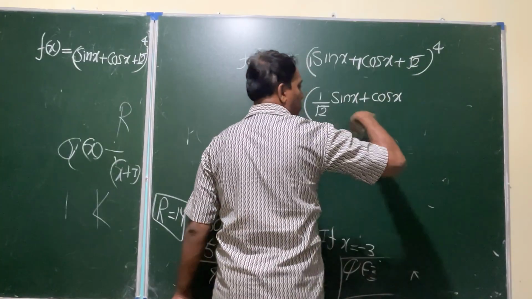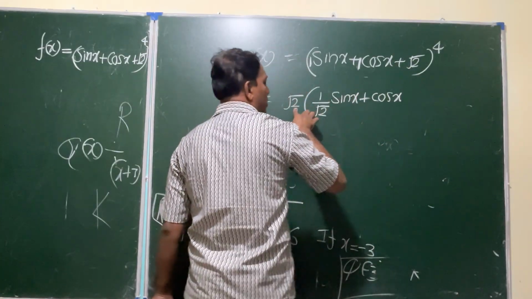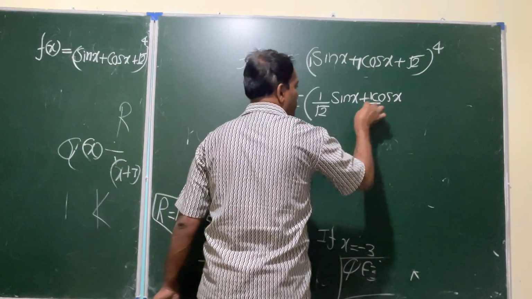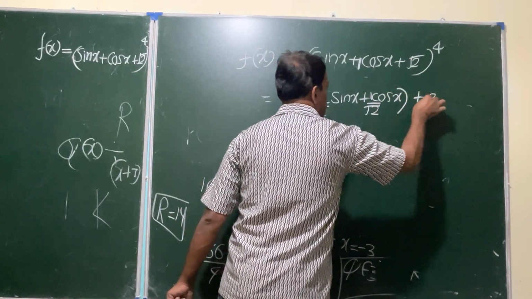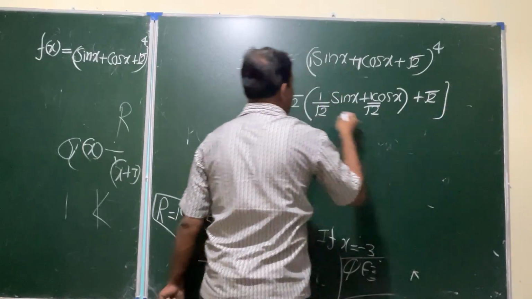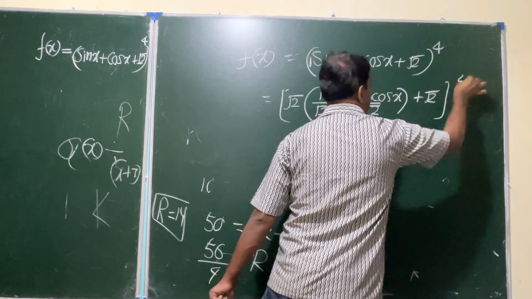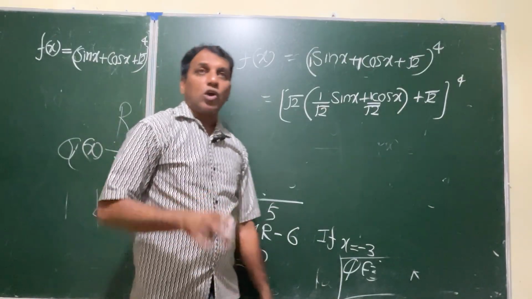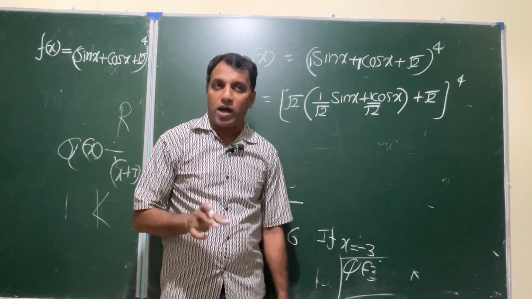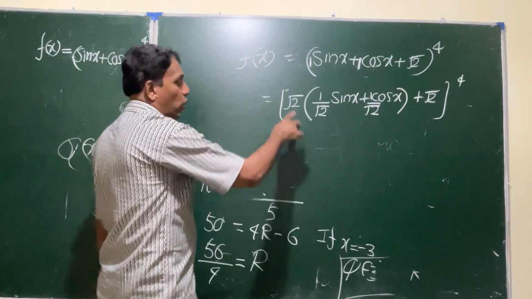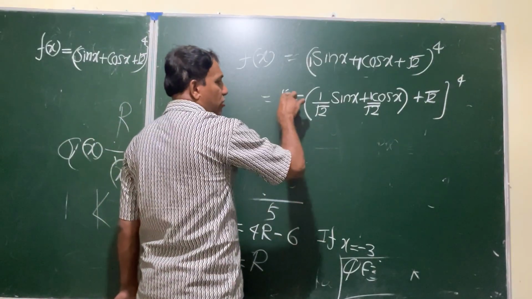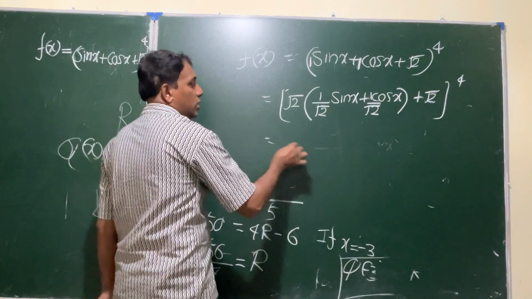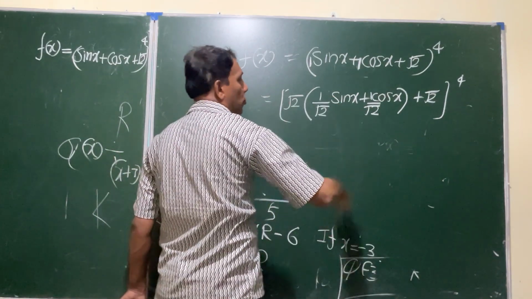For this part, take the 1 over root 2 and divide by root 2 inside, and plus root 2 there, completely to the power 4. This is your first step: sine coefficient squared, cos coefficient squared, sum of both and put the square root, multiply and divide. If you multiply by root 2, all cancel, the similar part is available. So completely root 2.